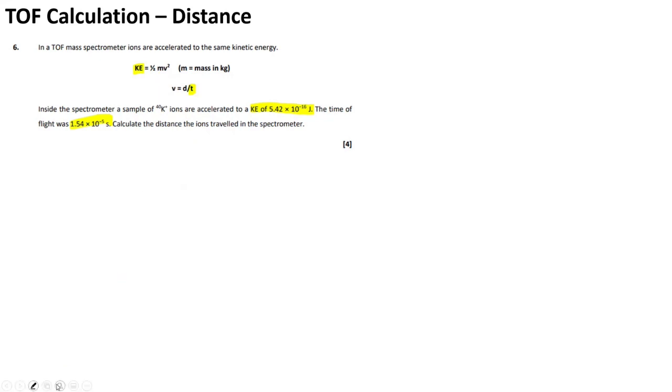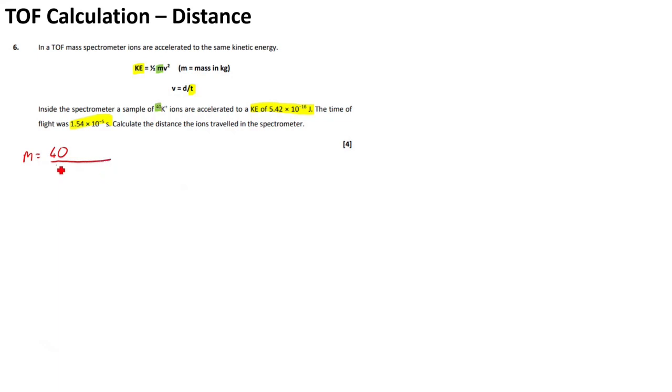Now, the other bit of information we do actually have is the mass, because they've given us the mass number of potassium, 40. And because they've given us that mass number of the isotope, we can work out the mass in kilograms. That's where we're going to start off. So it's going to be the mass number. That tells us the mass of a mole.